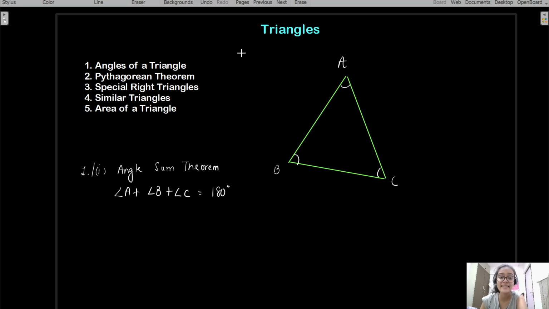Then we have exterior angle theorem. So for exterior angle theorem, I am going to draw an exterior angle. So let's say that we extend one of the sides of the triangle. So I'm extending this side.